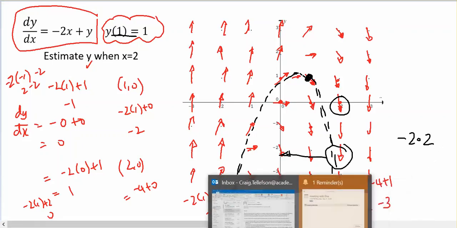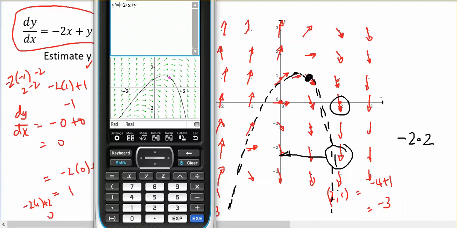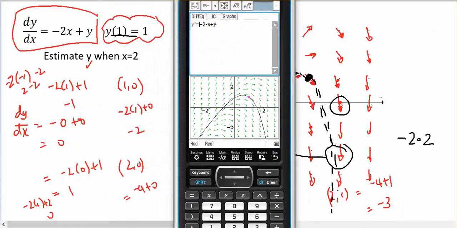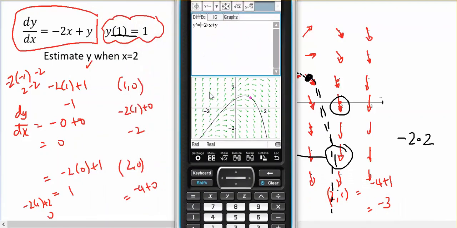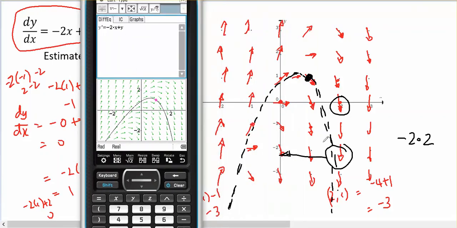What's it going to look like on my graphing calculator? Well, I've got my slope fields here, and I'm going to enter minus 2x plus y. I've graphed it, and that shape is very similar to what the graph was suggesting.